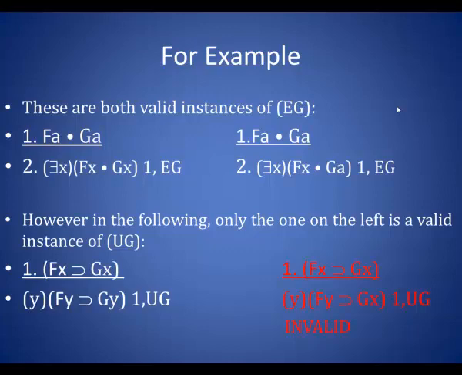If you look to the right, the example in red is invalid. We are not allowed to do it to just part of a line. So for EG, we can do it on part of a line, but for UG, we've got to change our instantial letter to match our quantifier for the entire line. Otherwise, it's an invalid move.